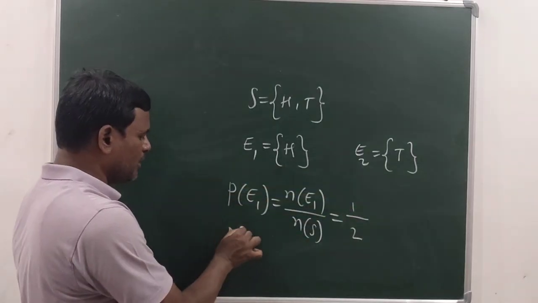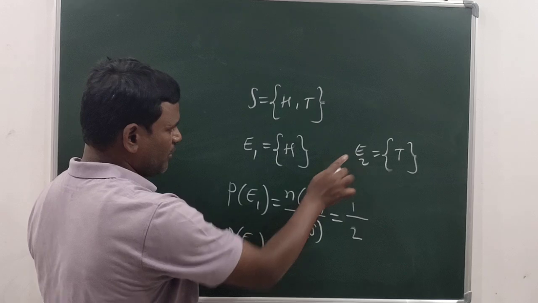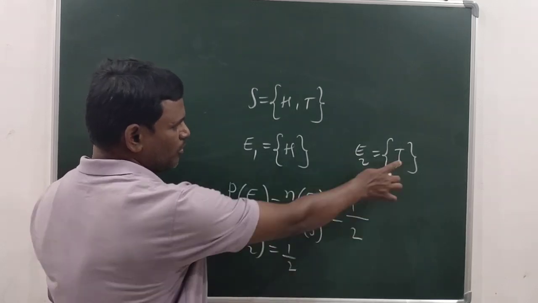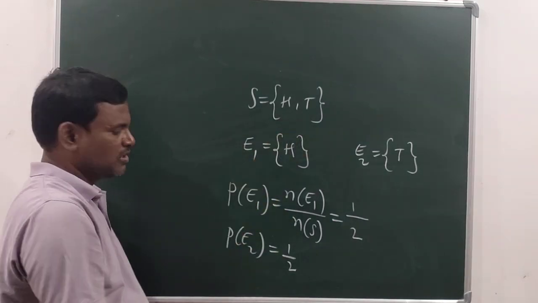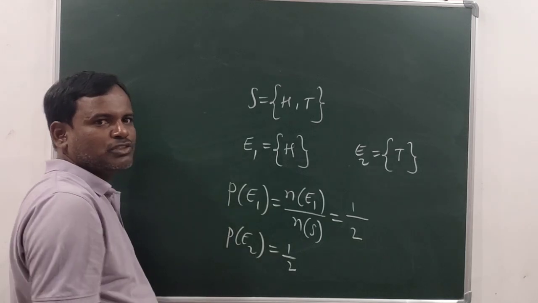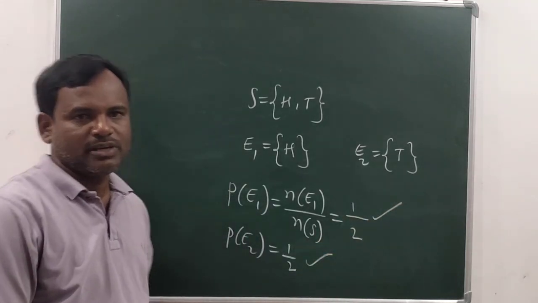Now go to there. What about P of E2? So here number of elements in E2 by number of elements in S. So there is only one element by total 2 elements. 1 by 2. Both events are subsets of the sample space and both probabilities are the same.